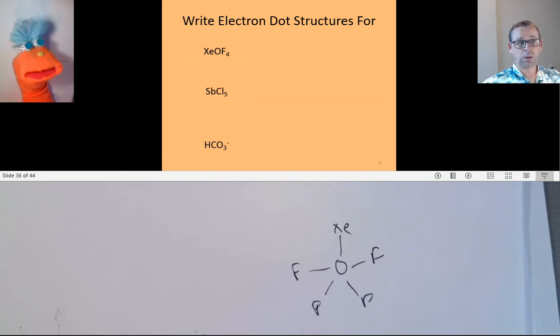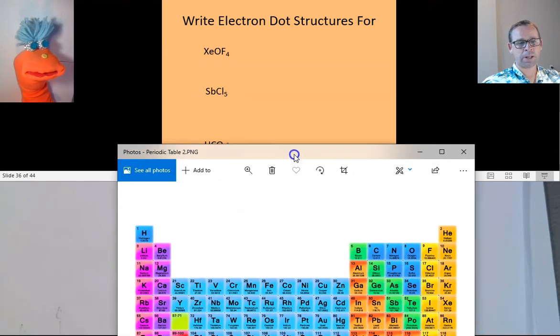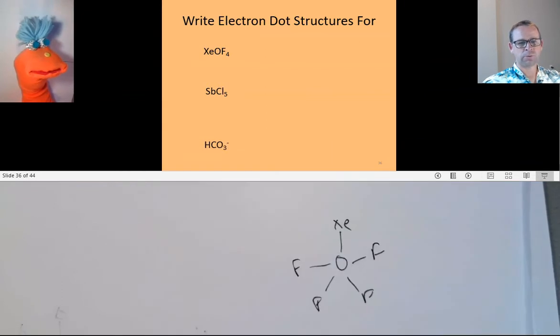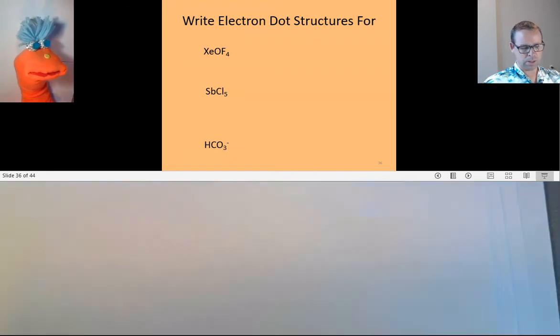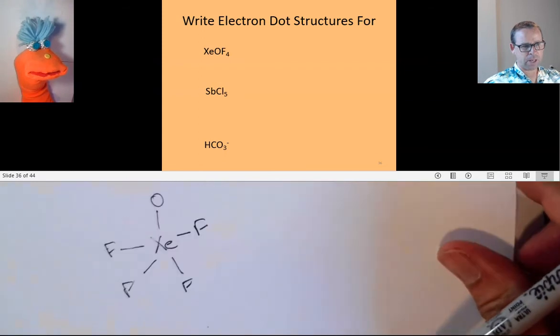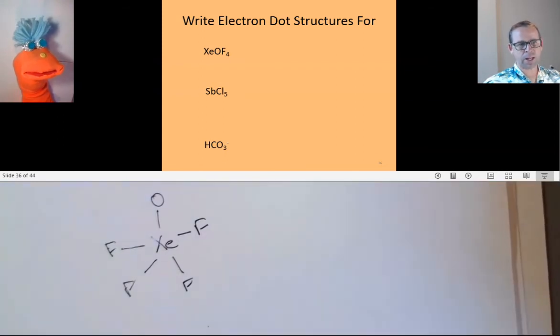Oh, yeah. Okay, is that a problem? Well, I'll let you tell me. When can an element have an expanded octet? Oh, it has to be in the third row or lower. Yeah, so oxygen can't have an expanded octet. Very good. So that's another way we could have known that oxygen can't be the central atom. Okay, so we have xenon as our central atom.